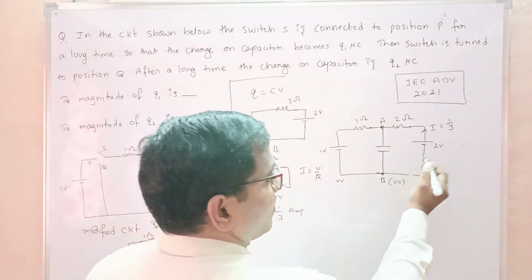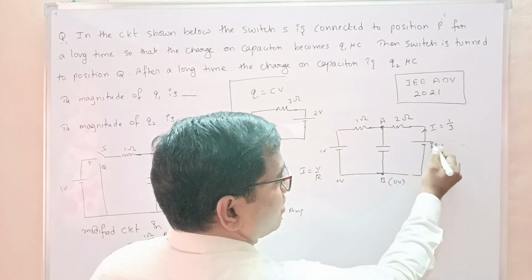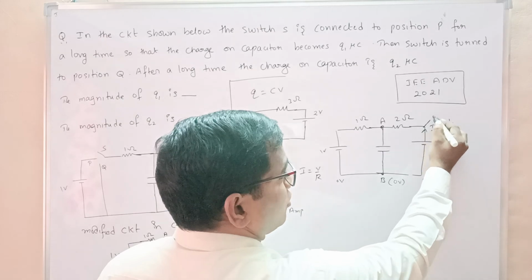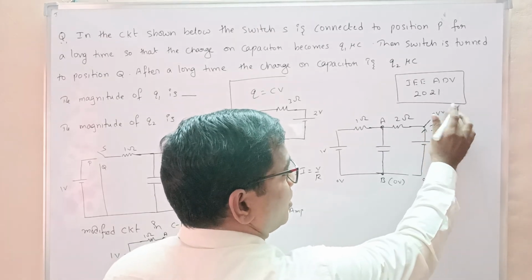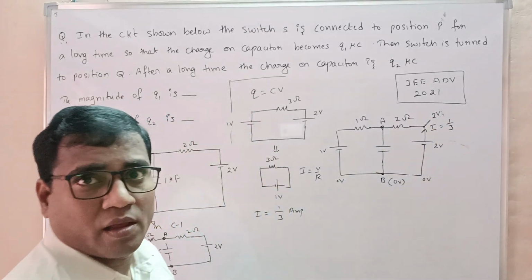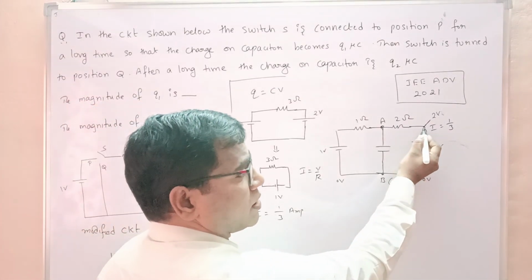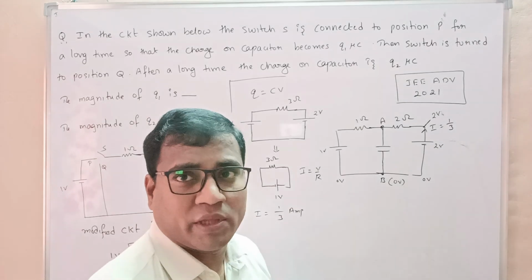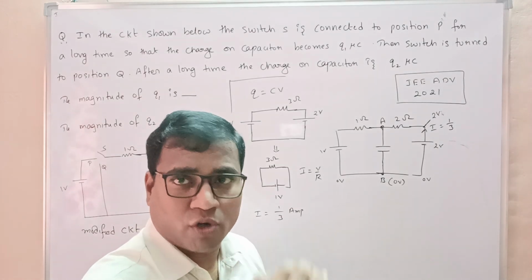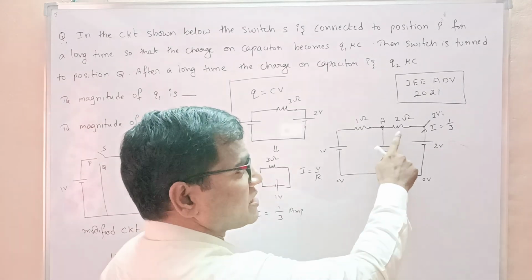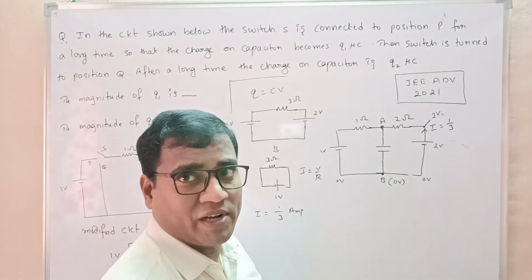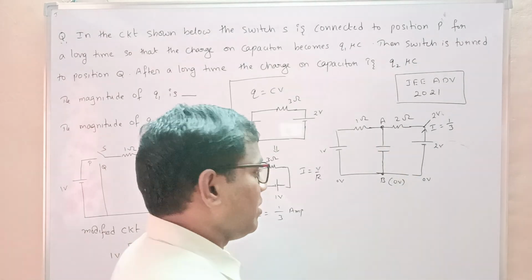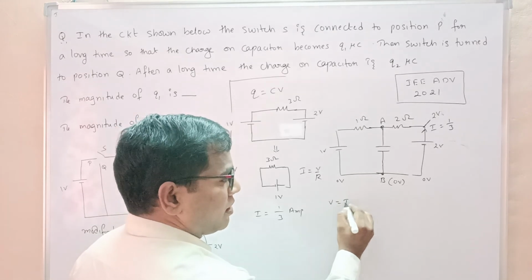At A, how much potential is there? At this point 2 volt is there. Again here one resistor is there. Due to the resistor, the potential drop will take place. How much drop will be there? V is equal to IR.